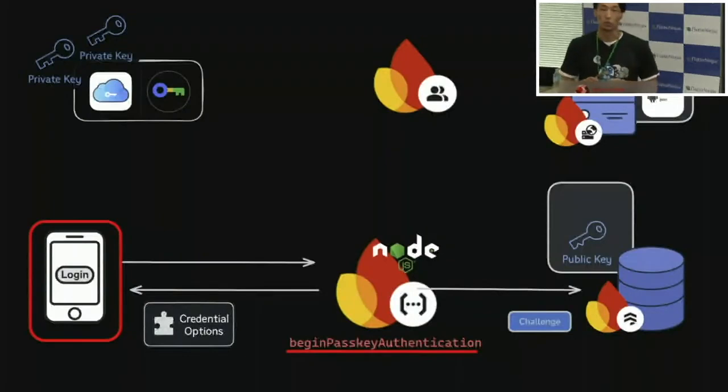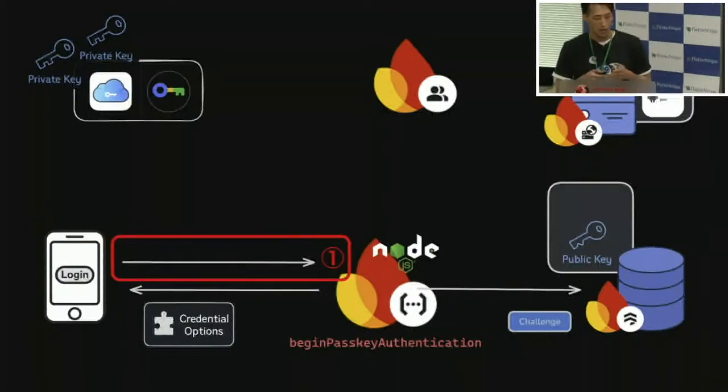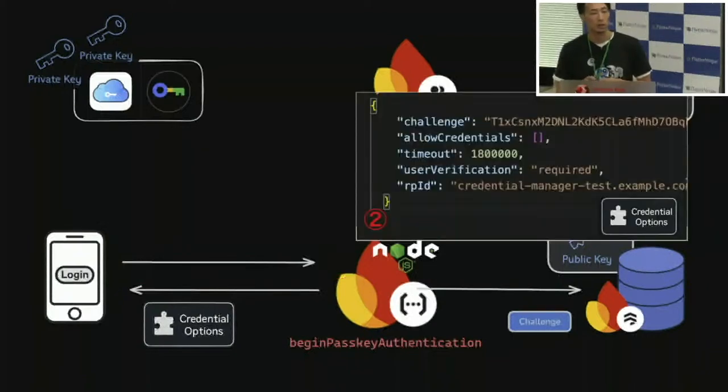So let's start with calling the begin passkey authentication API. Because the user is before logging in, we don't know the user ID. So we will be passing no parameters in the request to the API. Then, just like the registration flow, we will be creating the credential options again.